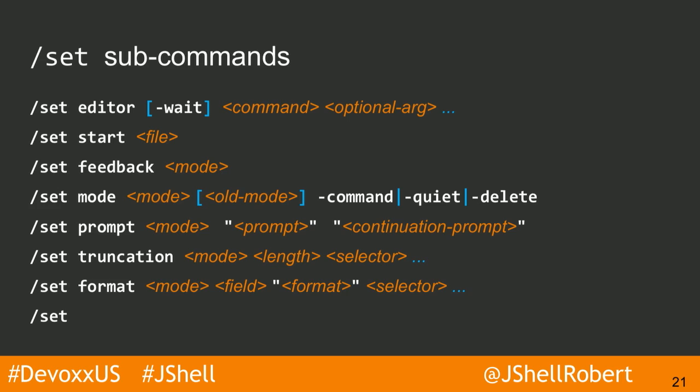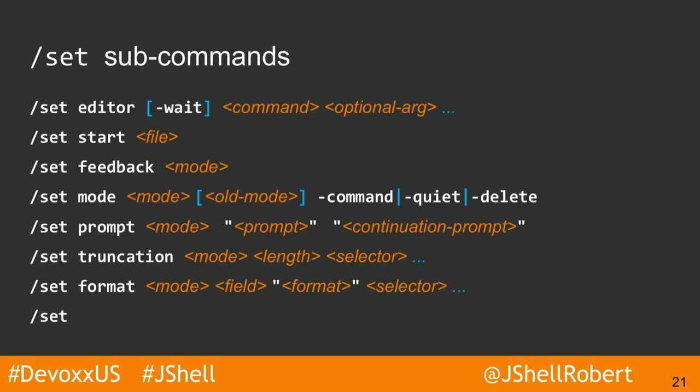When JShell starts, by default, it gives you a set of really common imports, so you don't have to do an import for some simple thing. You can change what that startup file is to anything you want. And there are also pre-existing things, like I used printf in that first example.